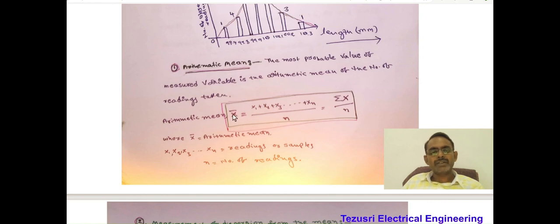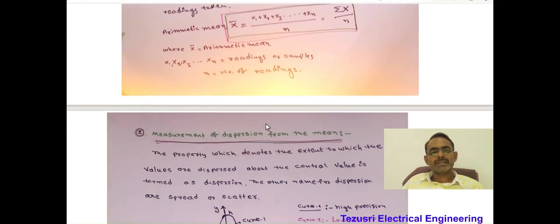Arithmetic mean x bar equals the sum of the readings, x1, x2, x3, and so on up to xn, divided by the number of readings or samples. Here x bar equals arithmetic mean, x1, x2, xn are readings or samples, and n equals number of readings.